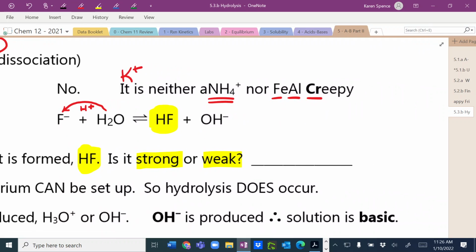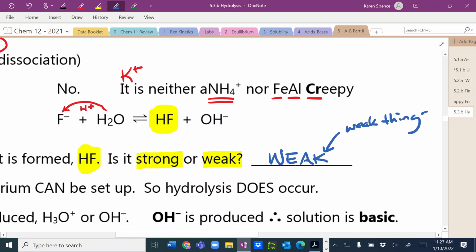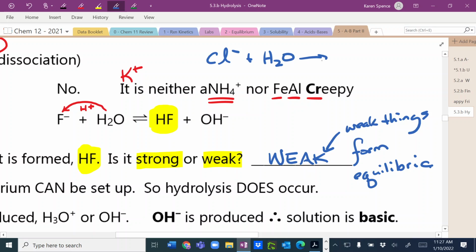So is HF strong or weak? It is weak. And do weak things form equilibria? Weak things form equilibria. Do you remember the last time we had an ion? We had chloride, and we put it together with water, and we asked, does it react to give me HCl and H3O+?